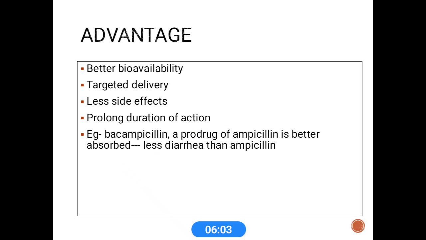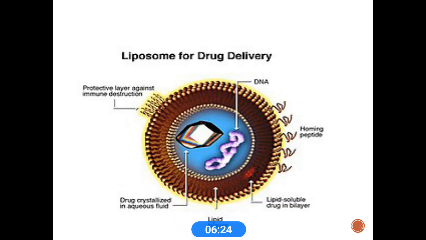For example, bacampicillin is a prodrug of ampicillin that is better absorbed, and it shows fewer side effects like diarrhea compared to ampicillin. It also helps prolong the duration of drug action and at the same time minimizes side effects.